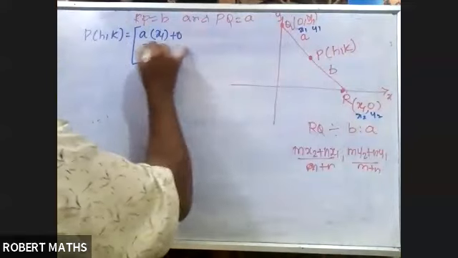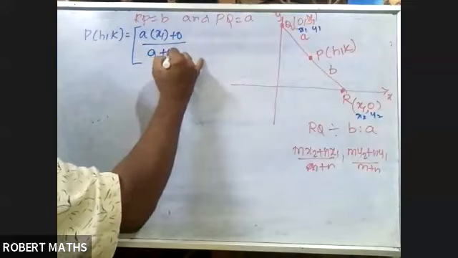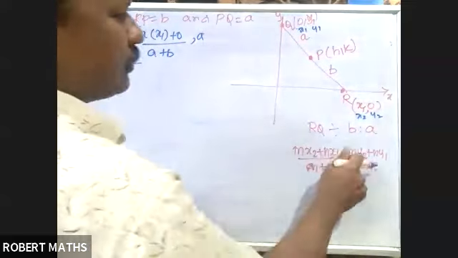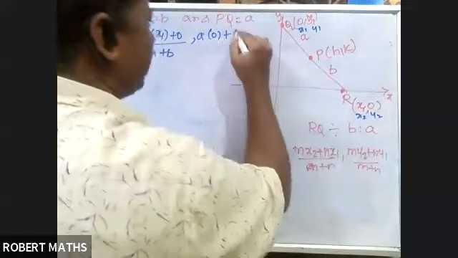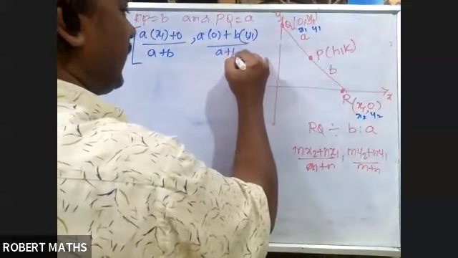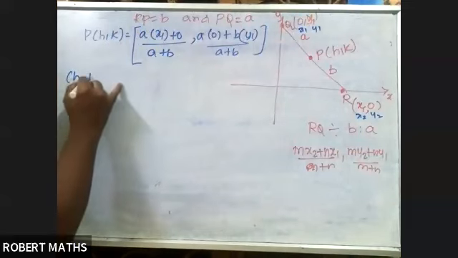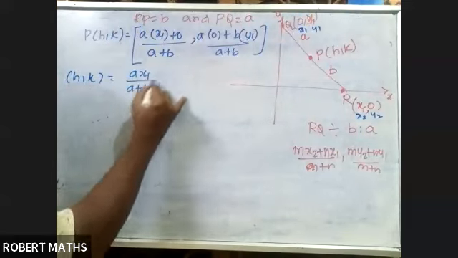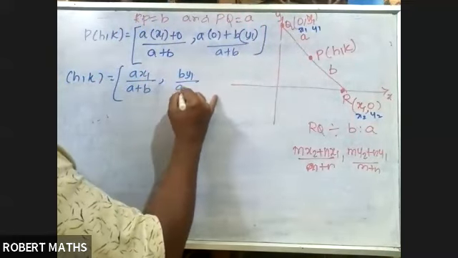We will get 0, comma, m plus n, we get A plus B. Comma, m into y2, your y2 is 0, plus n is B, your y1 is y1, divided by A plus B. From this we'll get (h, k) equals (a x1 divided by a plus b, comma b y1 divided by a plus b).